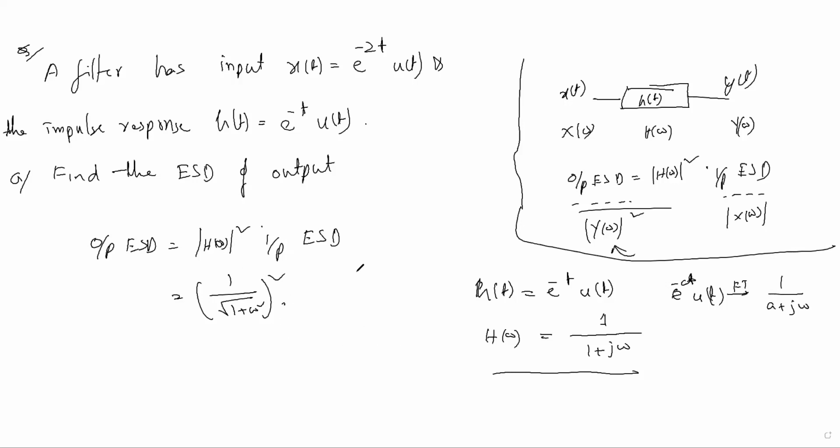So similarly, what is the input? Input is given as x(t) equal to e to the minus 2t u(t). So what will be the X of omega then? Similarly, you can apply this formula. e to the power minus a t u(t) Fourier transform is 1 by a plus j omega. Here a is 2. So it is 1 by 2 plus j omega.